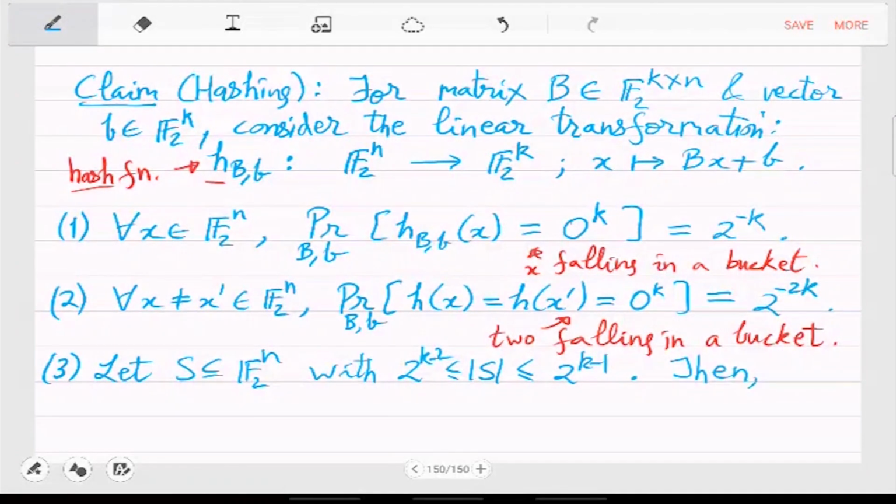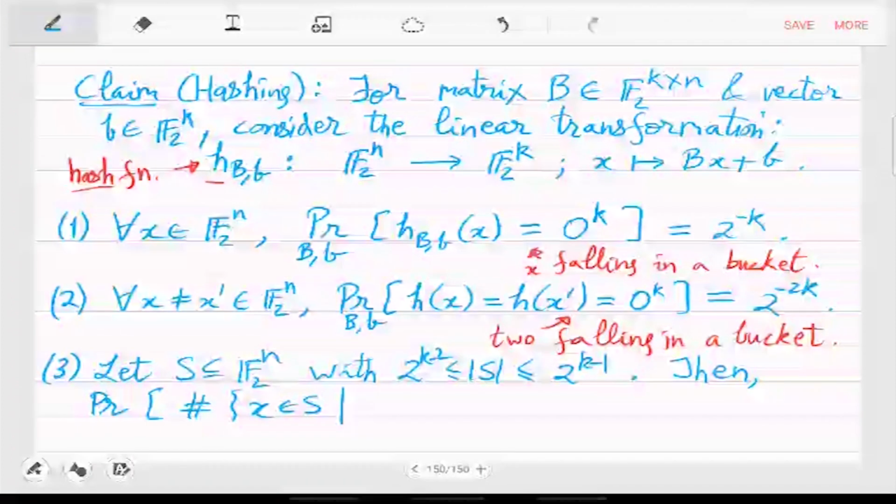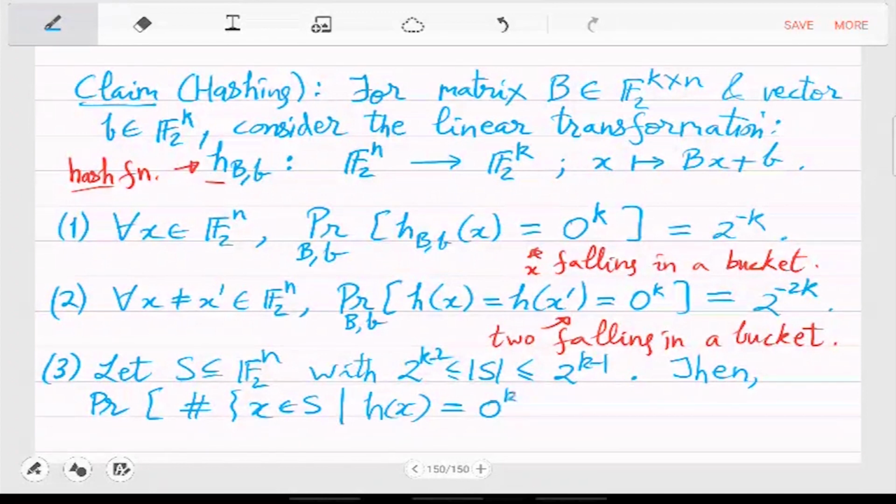Then the probability that the number of x's in S that map to 0 is 1, okay, over random hash functions H. So, the experiment is you pick a random hash function by picking random big B and small b, these are binary matrices, Boolean matrices, and then look at where the satisfying assignments are going, what bucket.